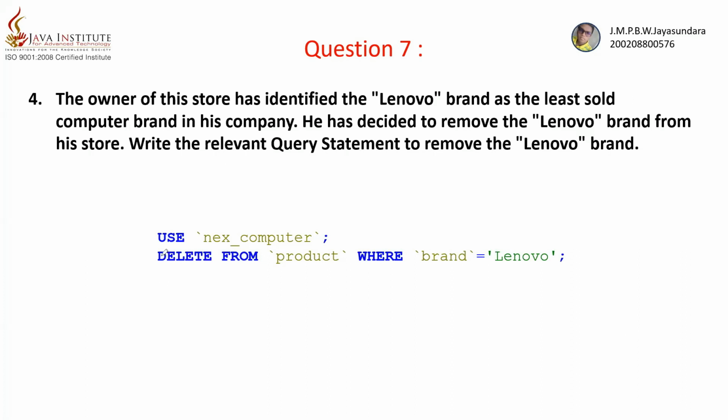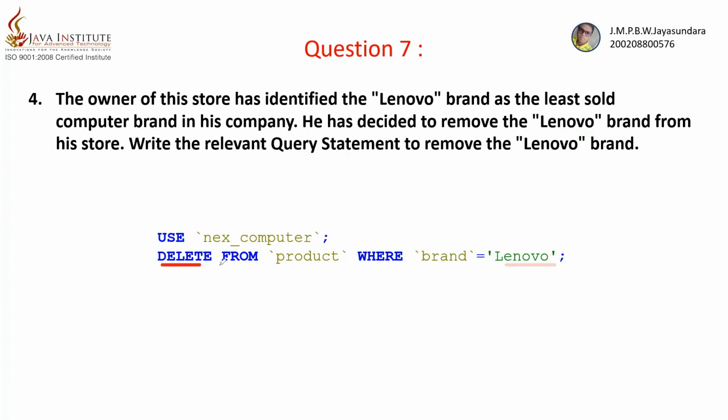First, we need to use the delete keyword, and then we need to say from which table, we can do that using from, and then we can insert our table name. After that, in here we have given a condition to uniquely identify the row that we need to delete, and we have said brand column value is equal to Lenovo.